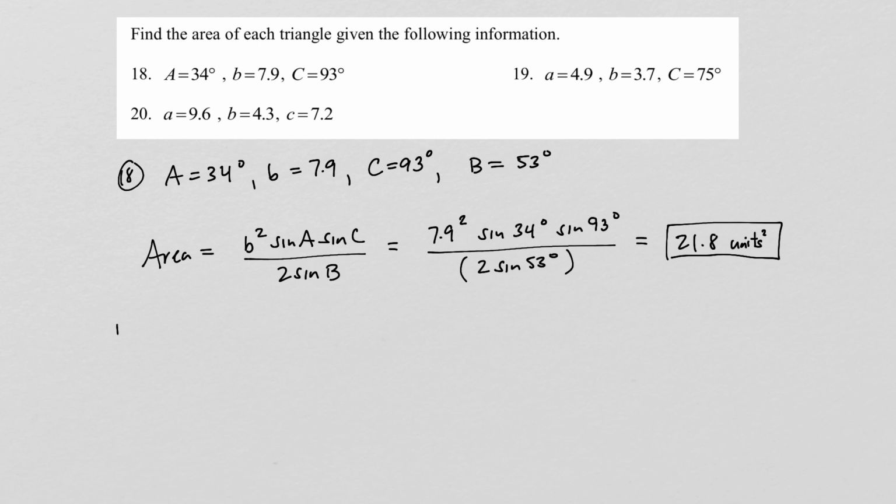All right, in the next problem, number 19, we are given A is 4.9, B is 3.7, and C is 75 degrees. So we're given two sides and the included angle.